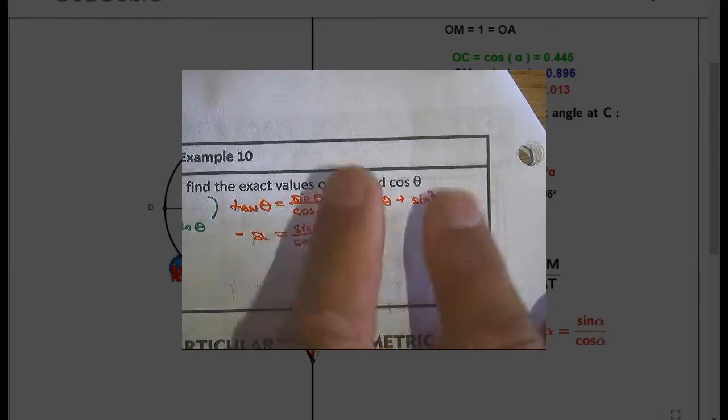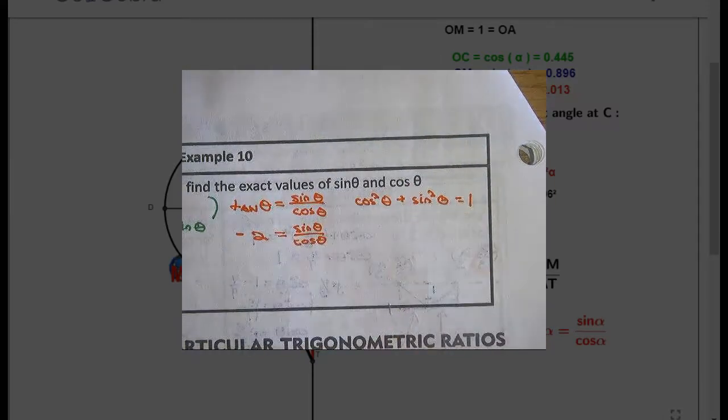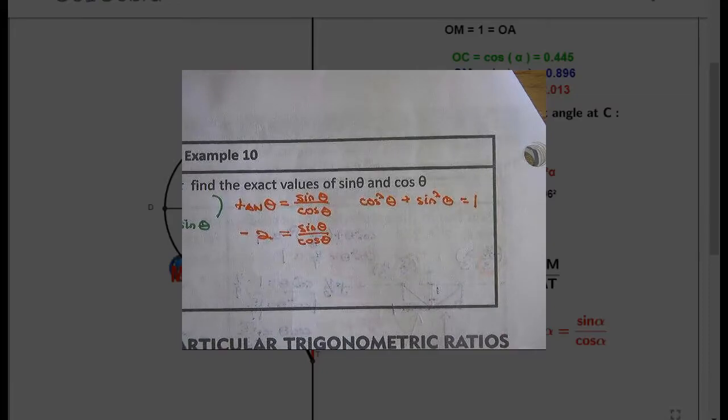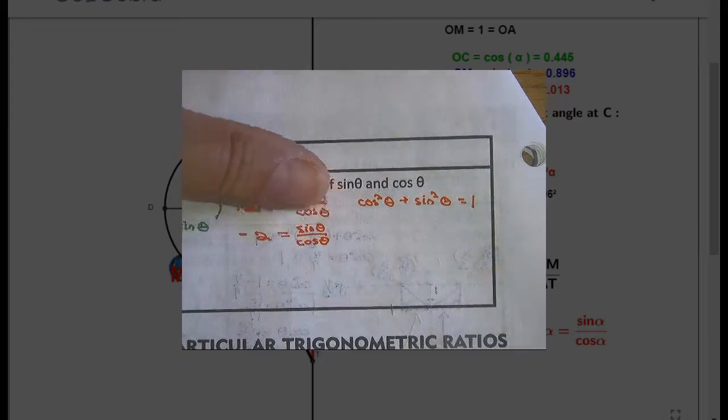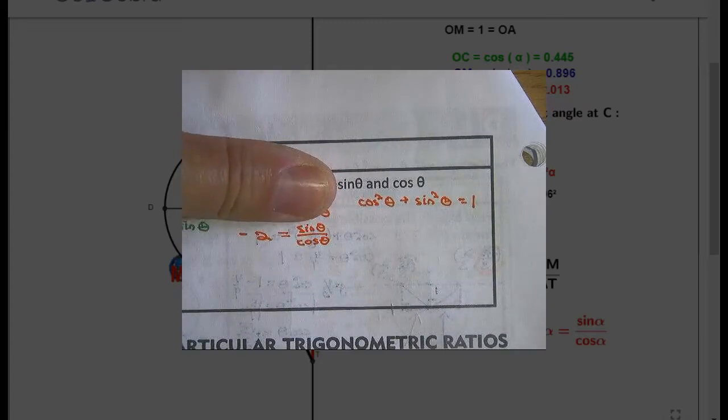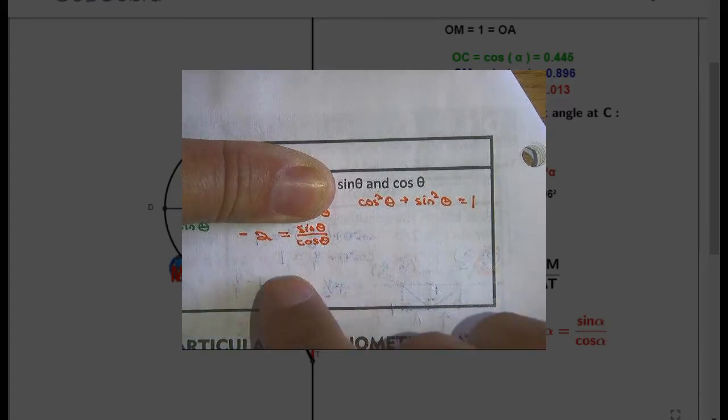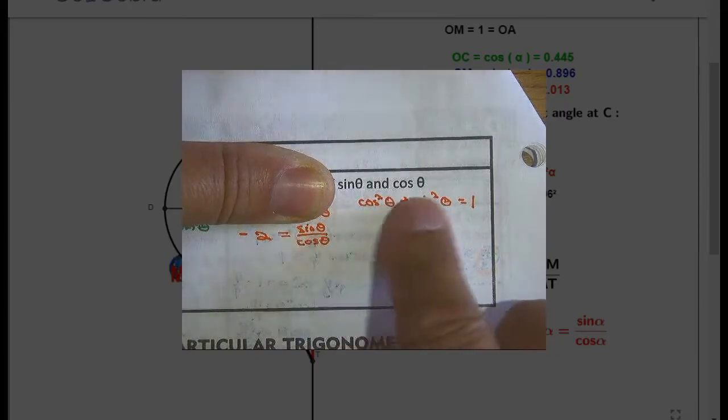You can't solve this because you've got two different things. So is there a way to make both of these cosines or both of these sines and then solve it? Move these to the other side?